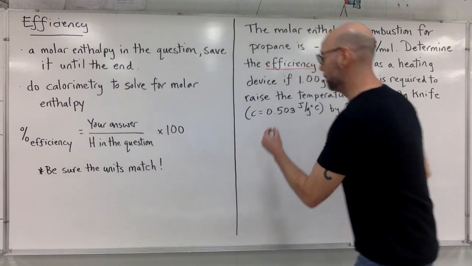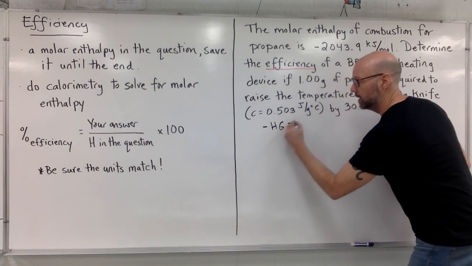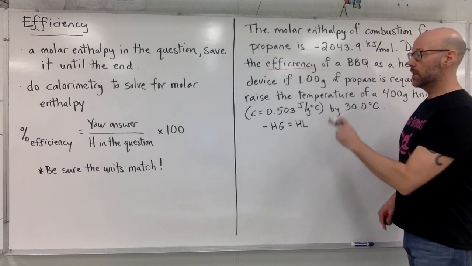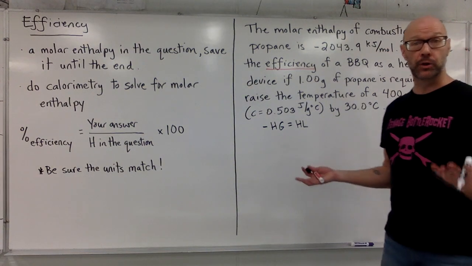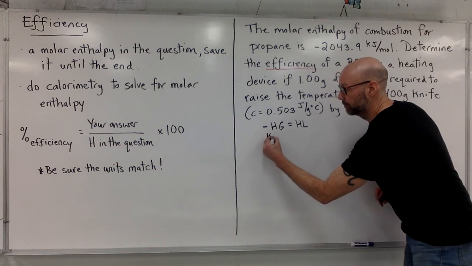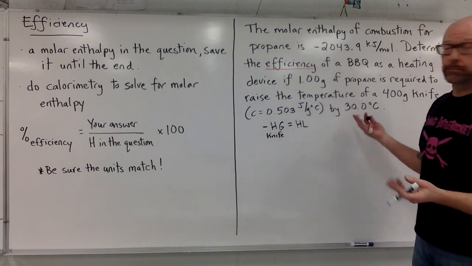Here we go. Calorimetry, negative heat gained equals heat lost. Here, the temperature of the knife is going to go up by 30 degrees. It's gaining the energy. It's the knife. What's losing the heat? We're burning propane.